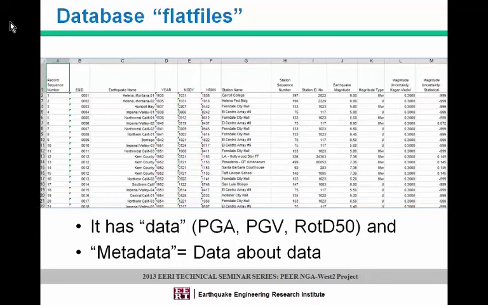The part that is really labor intensive and takes lots of effort is not really the data, it's the metadata. Estimation of VS30, calculation of distances, then we found out that the location of an instrument was a little bit off, the hypocentral depth was a little off, and so on.